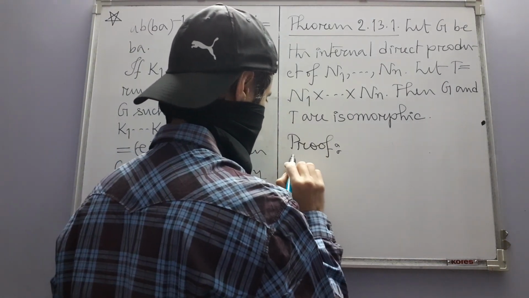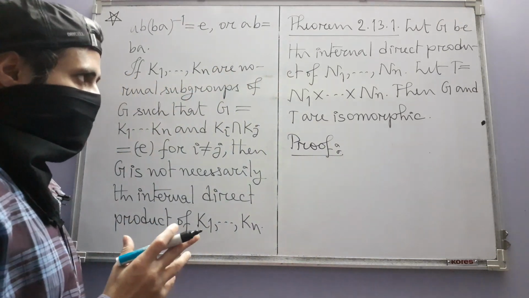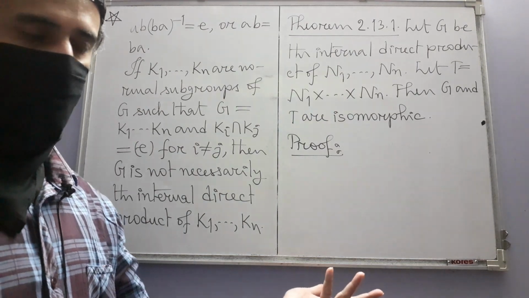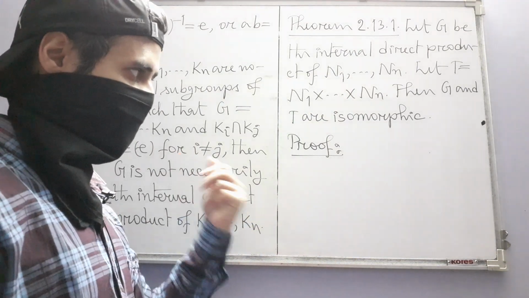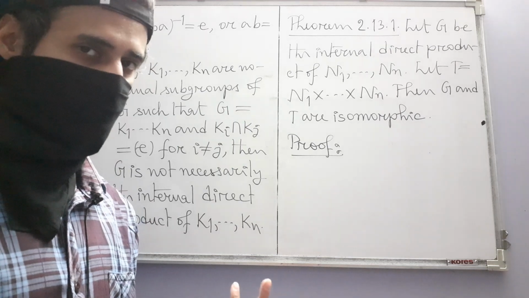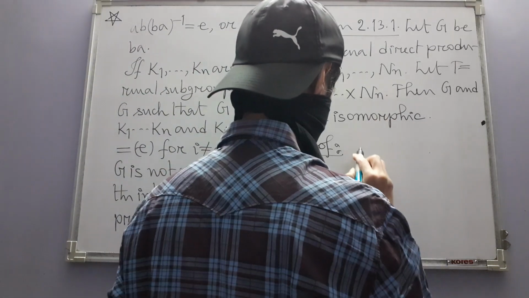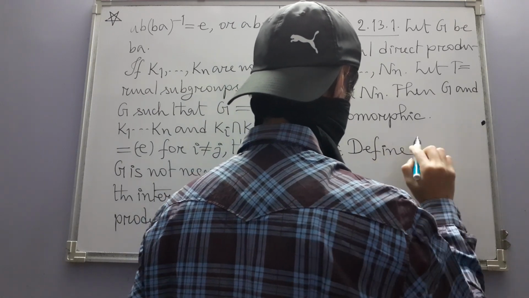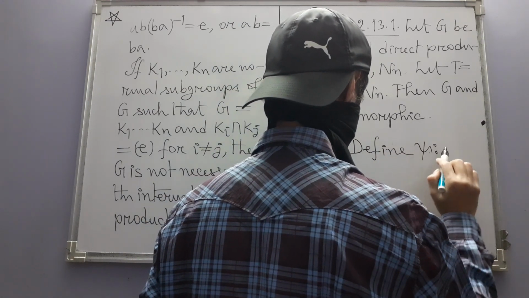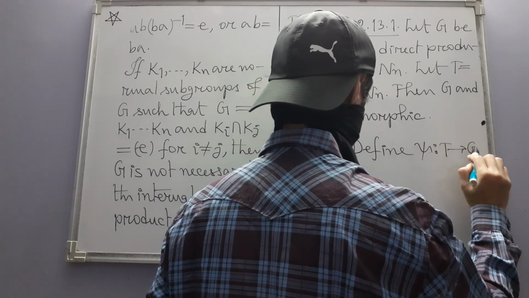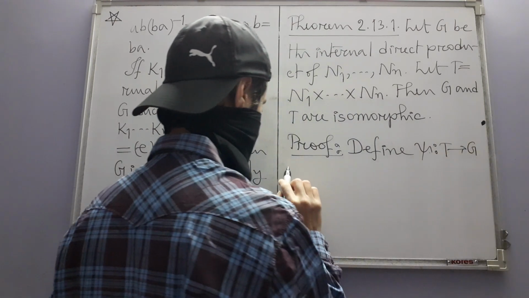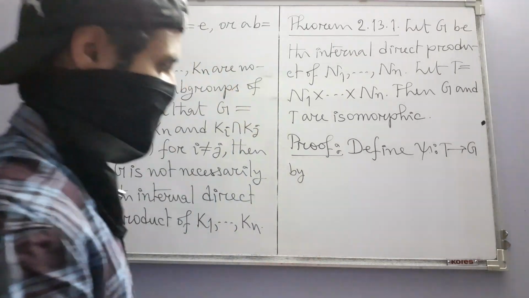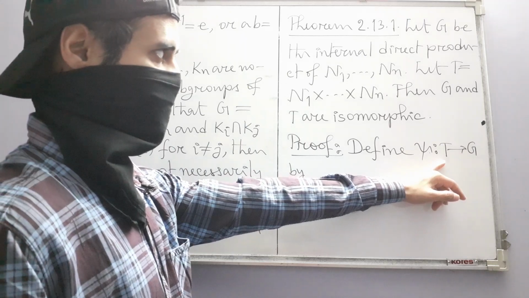The proof straight away defines a function. It starts by considering a function between T and G that we are going to show is an onto isomorphism, and that will be the thing. Okay, so define the function psi from T into G by this rule. A general element of T will look like what?